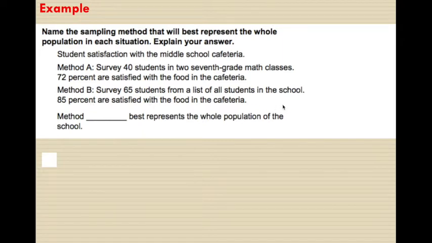So which one is best to represent the whole population of the school? Well, obviously method B. The key is the survey is given from a list of all students in the school, so it's random, rather than method A, where the survey is only given to 7th grade math classes. So the answer for this is method B.